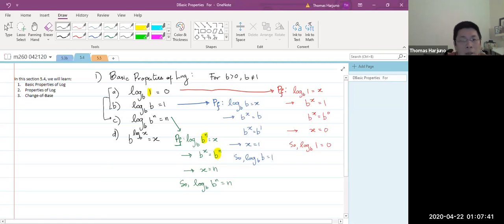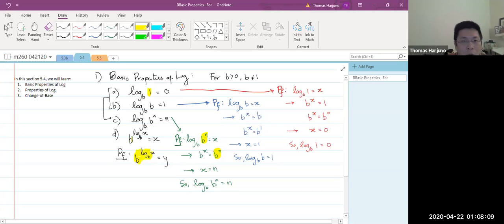Now then, the last part of this basic property, b to the power of log base b of x is equal to x. What's the proof? Let's call b to the log base b of x equal to y for now. So the left-hand side here, we call that y.